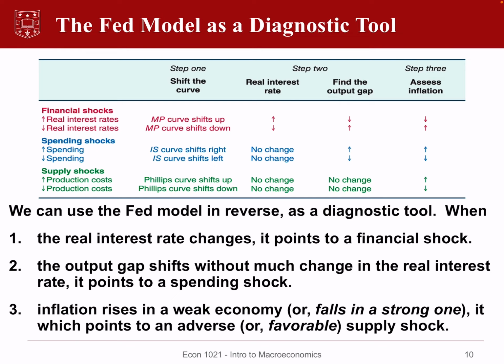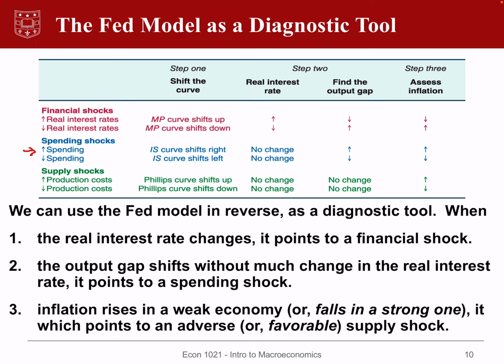If we go through the steps, what we observe is that if the MP curve shifts, then we're going to see a change in the real interest rate, a change in the output gap, and a change in inflation. When just the IS curve shifts, which is the middle row in blue, there's no change in the real interest rate, the output gap changes, and inflation changes.